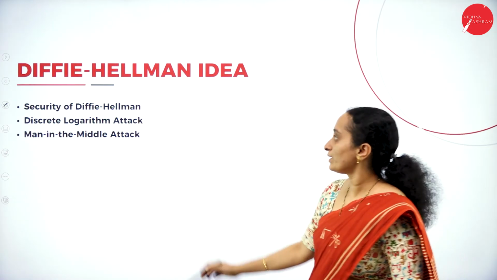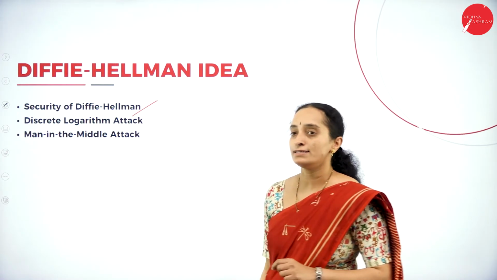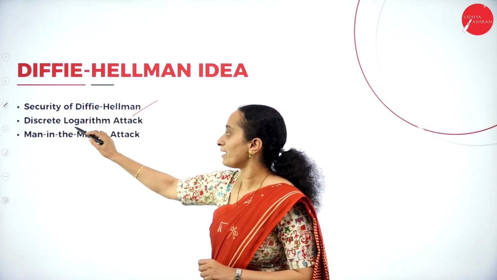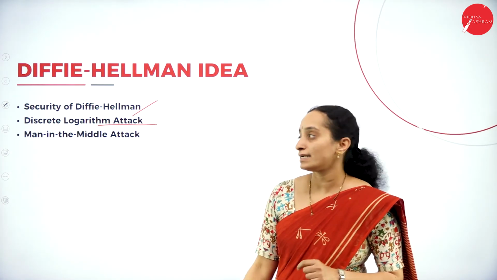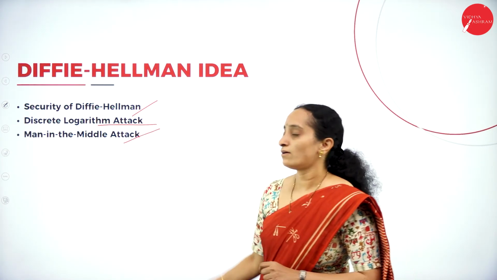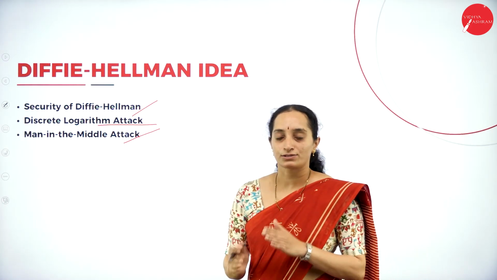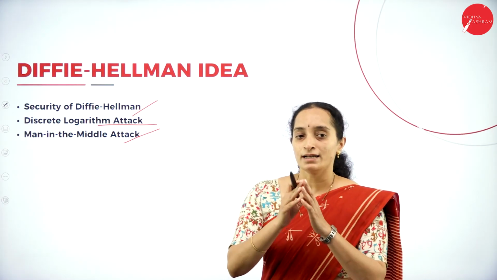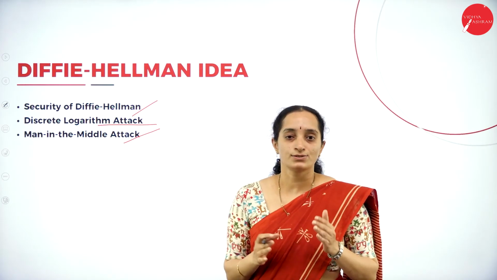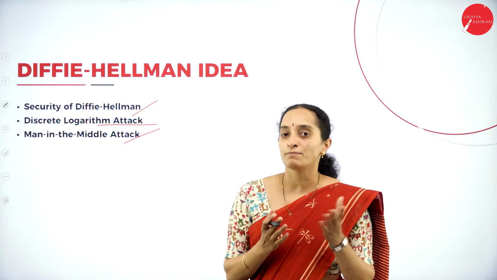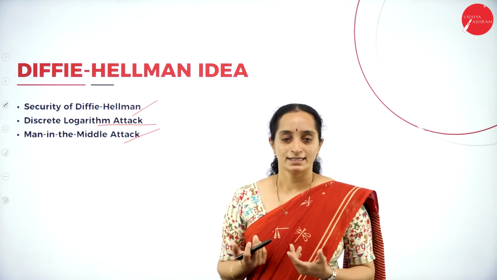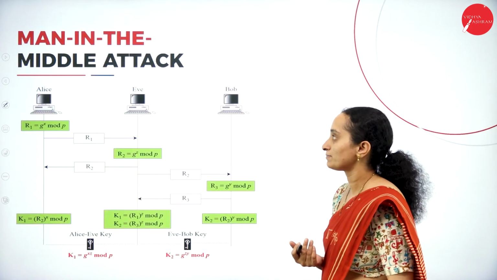What about the security of Diffie-Hellman? There can be a discrete logarithmic attack or a man in the middle attack. There may be an attacker who gets between these 2 secret keys. He can obtain both keys and decrypt the message.